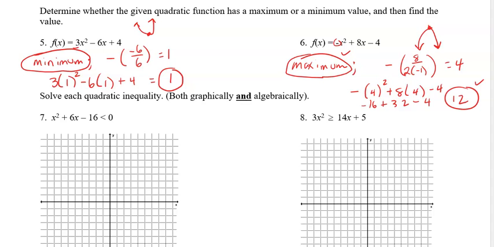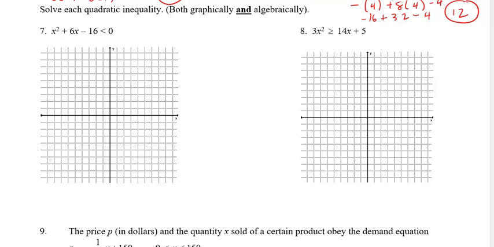All right, you got to solve numbers 7 and 8. You'll have to know the algebraic and the graphing method for these. So you just need to find the vertex and the 2 x-intercepts, if they exist. So the vertex, if you wanted to leave it like it is and just do opposite of b over 2a, so the x-coordinate of the vertex is negative 3.